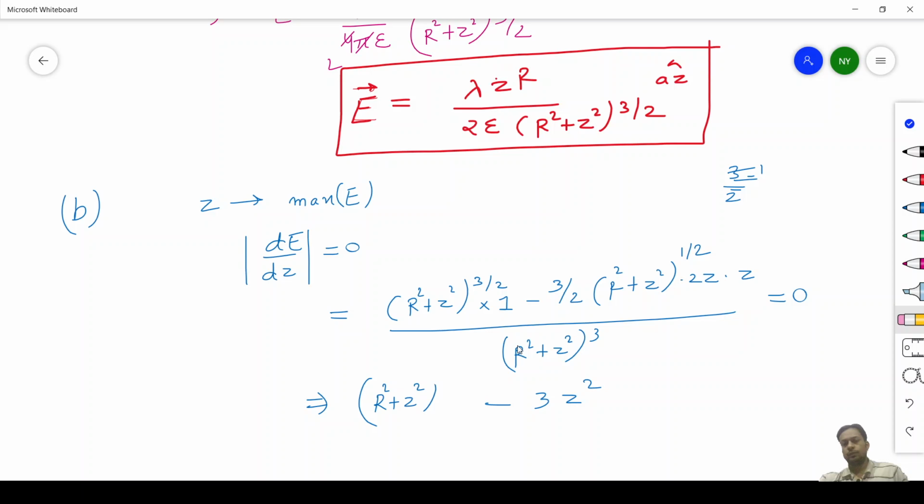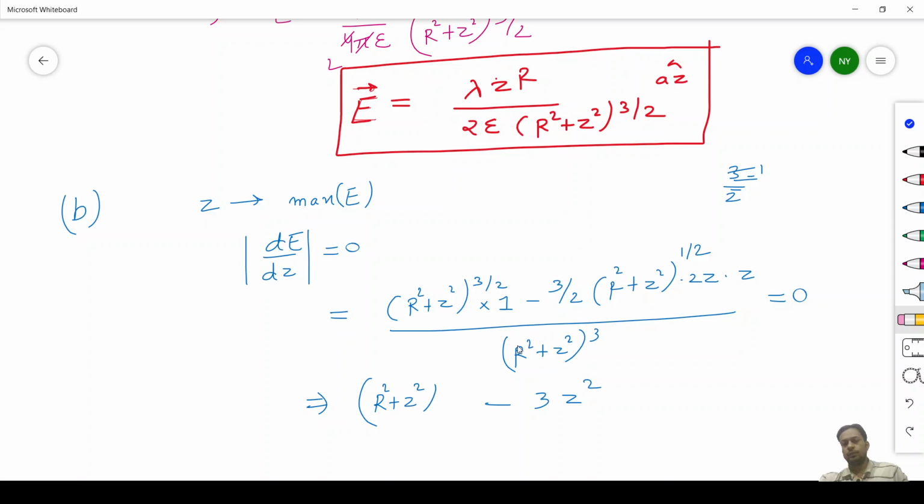So we have r square plus z square minus 3 z square, and from this equal to 0. From this equation we have r square is equal to 2z square.